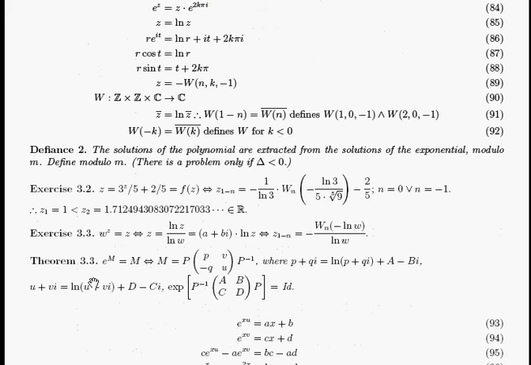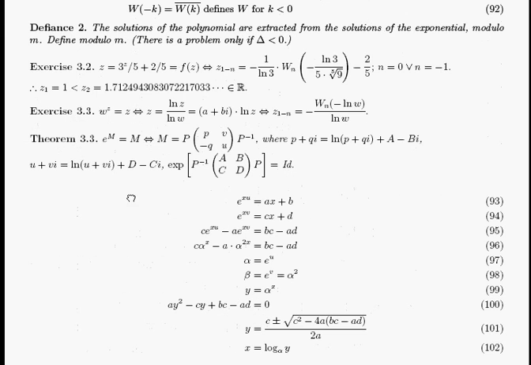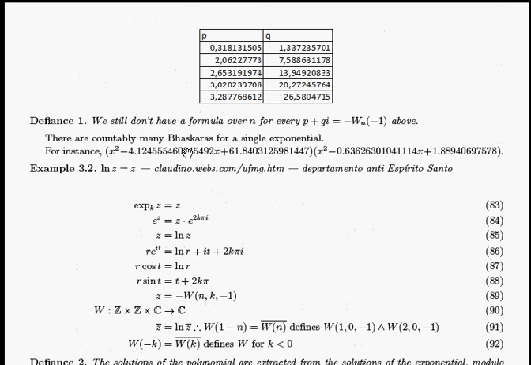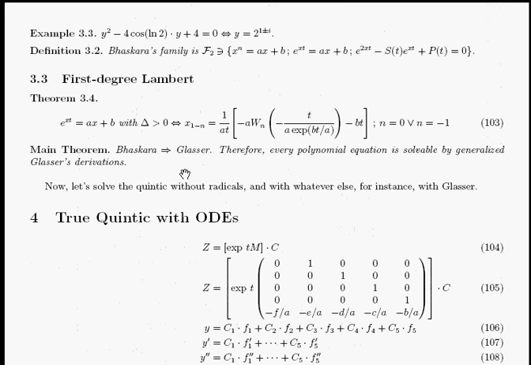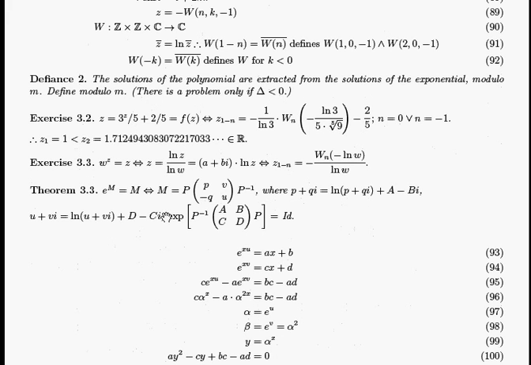So here is an exercise, the theorem. I solved exponential of m equals m if and only if m is P, big P small p v minus q u, big P inverted small p plus q i is a solution of this equation.